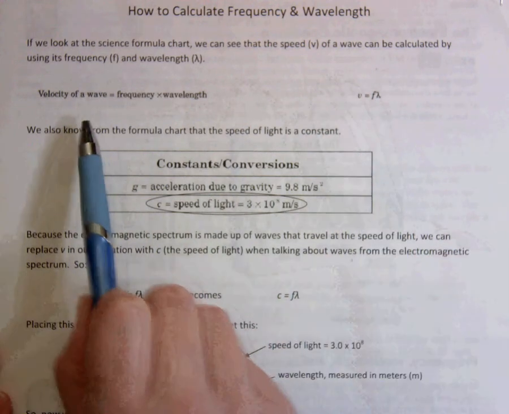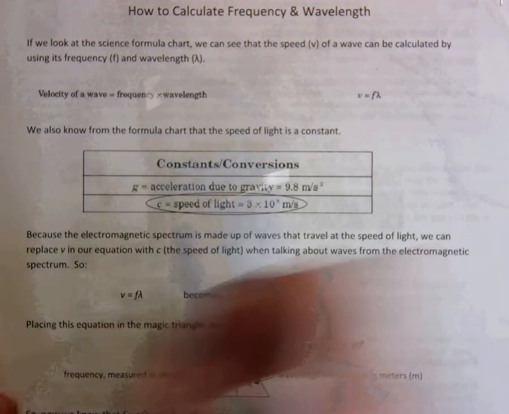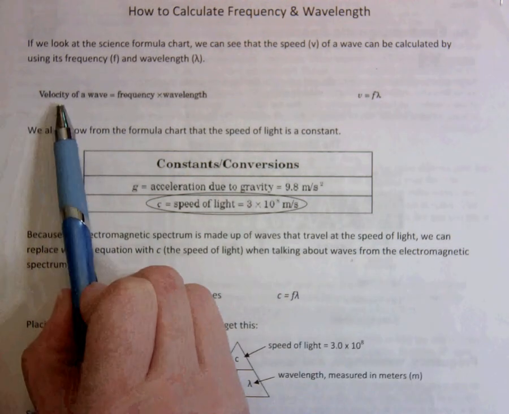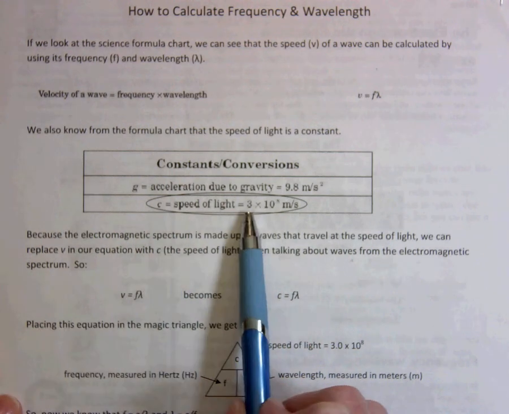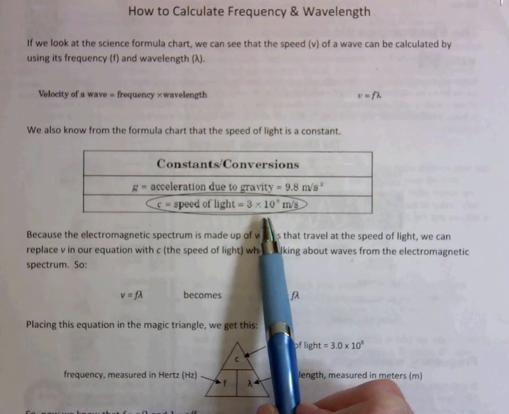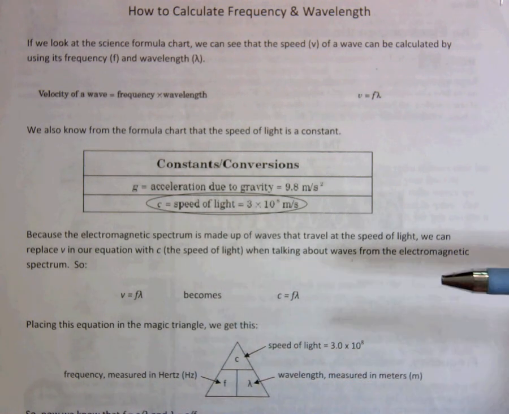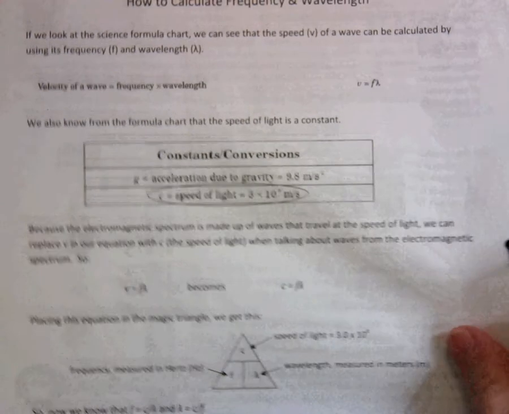Because we are working with the speed of light, the velocity of the wave will be the same as the speed of light. Speed of light is a constant, c, which is 3 times 10 to the 8th meters per second. So what we're going to do for each of these is figure out what the frequency or wavelength is, and let me go ahead and move this up.